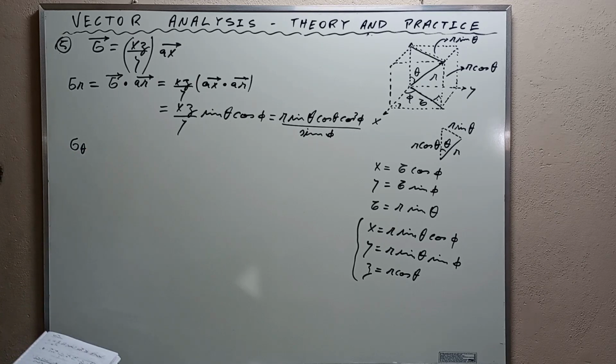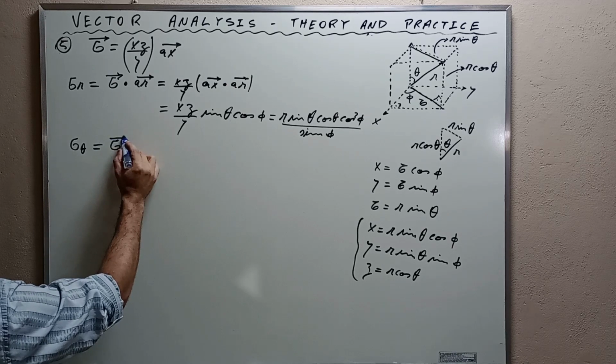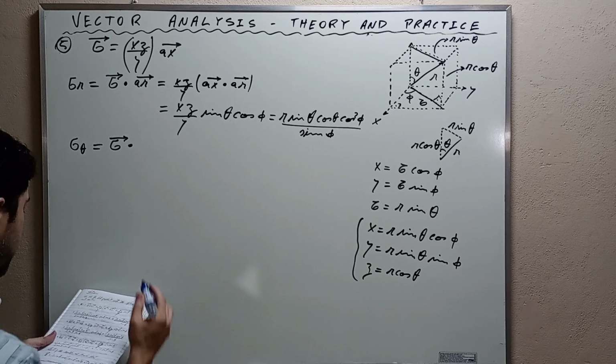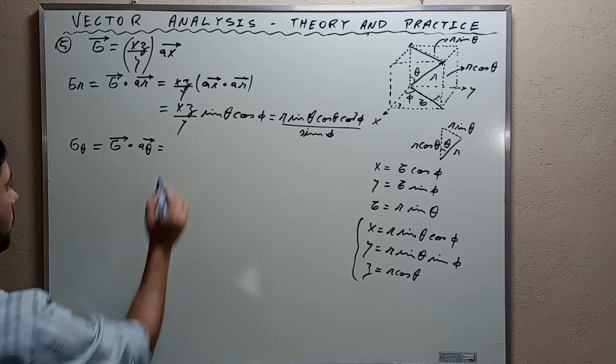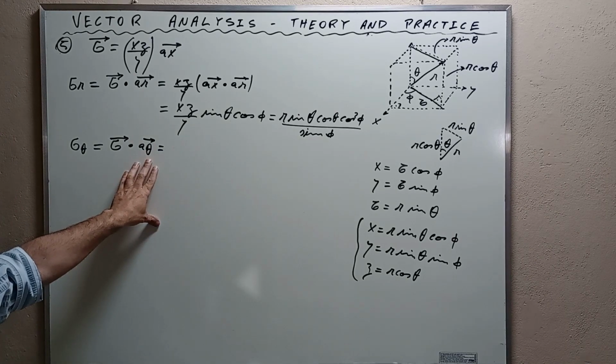G theta will be equal to the vector in a dot product with the unit vector in the direction we want, and we want the theta direction, then it is going to be a theta, okay? Both the dot product and the cross product are multiplications.